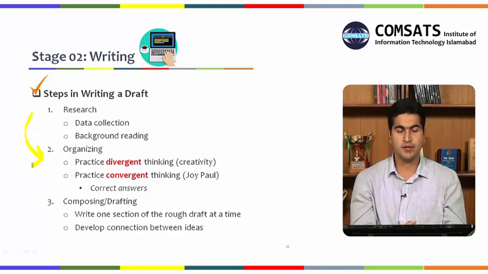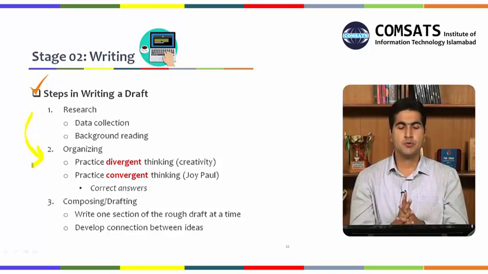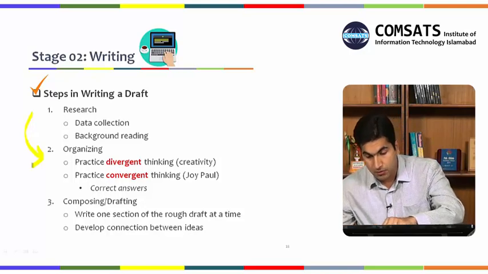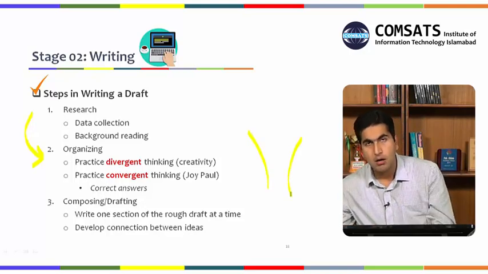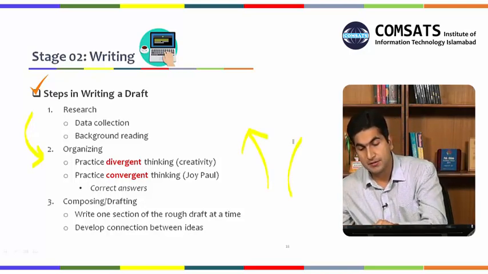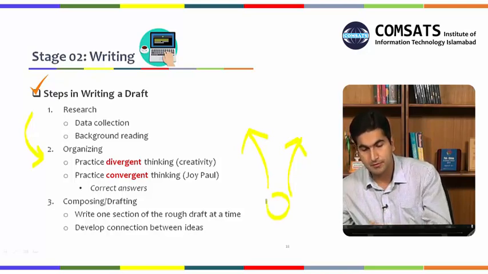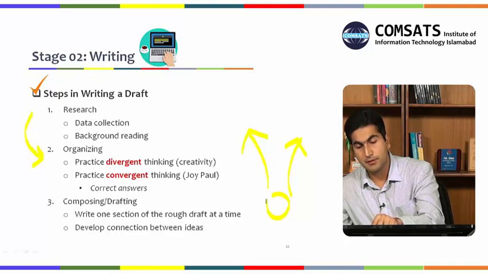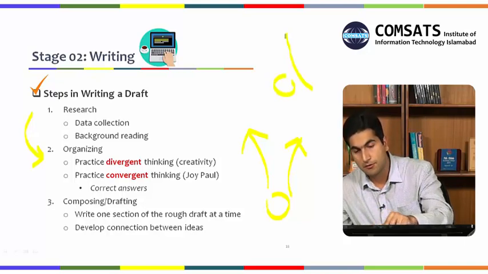Organization in one sense is a bit tricky, because over here you have two forms of practicing this organization. You can either diverge, like you are basically moving in this direction from this point, or for example you have this point and from this you are trying to move over here in this form.